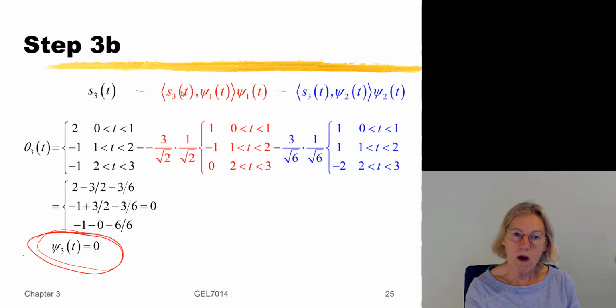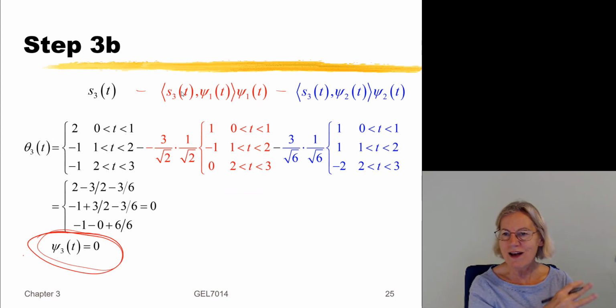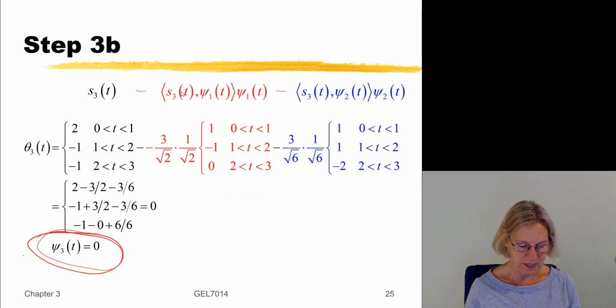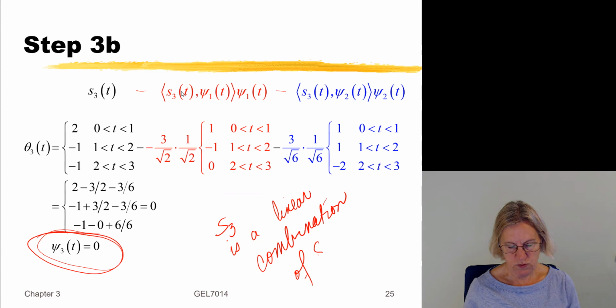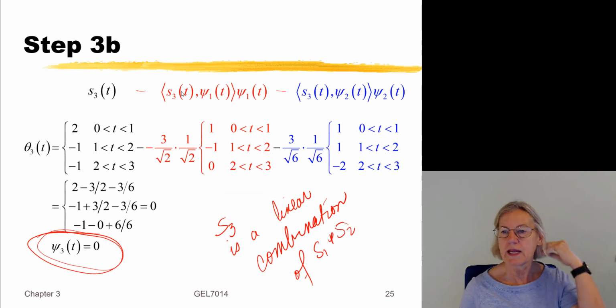We get it from C1, and C2 of course is a combination of C1 and S1, so S2. So ultimately, this is because S3 is a linear combination of S1 and S2. Now maybe that wasn't obvious when we looked at them at the beginning, but you could go back and confirm this characteristic.